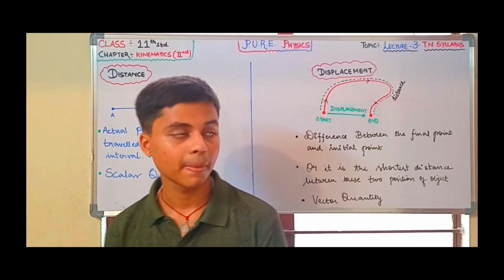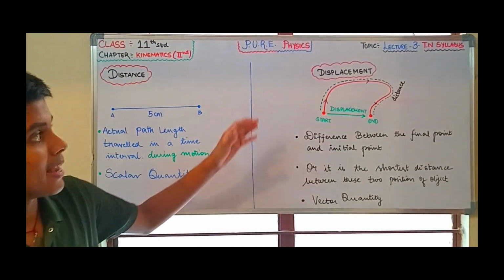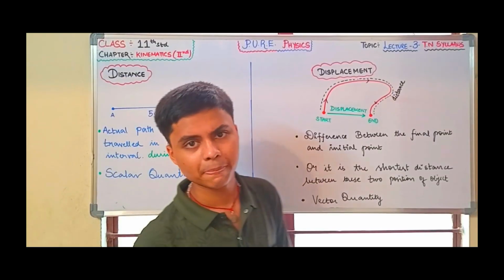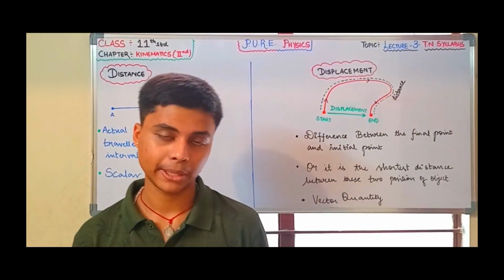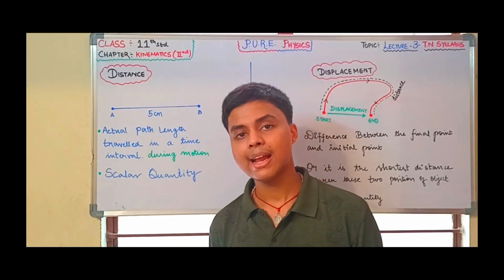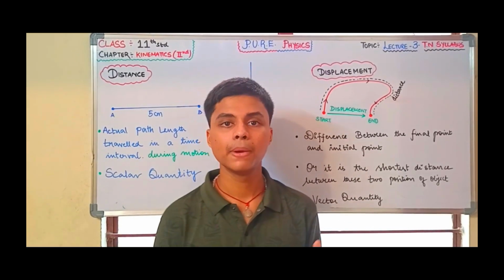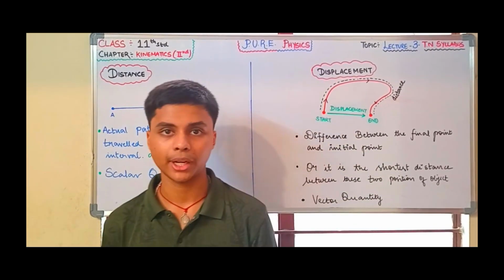And moving on to displacement. Displacement is simple. It is the difference between the final point and the initial point, or it can be said as the shortest distance between the two positions of an object.